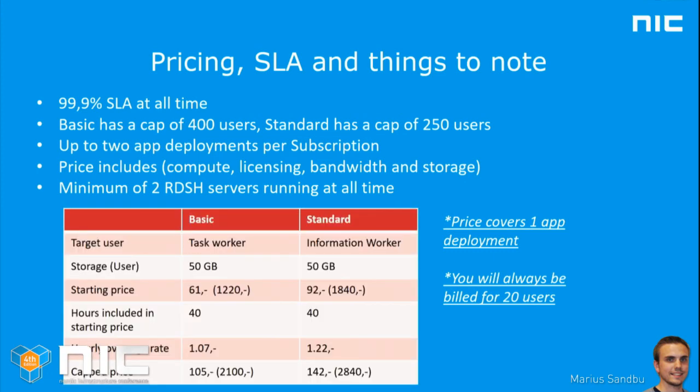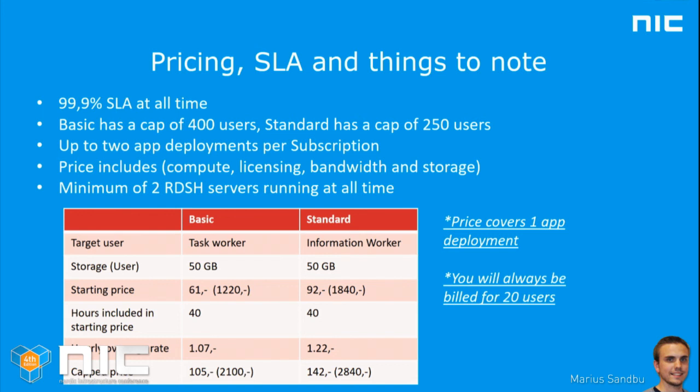That's great. From a regular basic deployment, the starting price for 1 user is 61 kroner. But you will always be billed for 20 users, meaning for 1 user a month, it will cost 1,200 kroner.